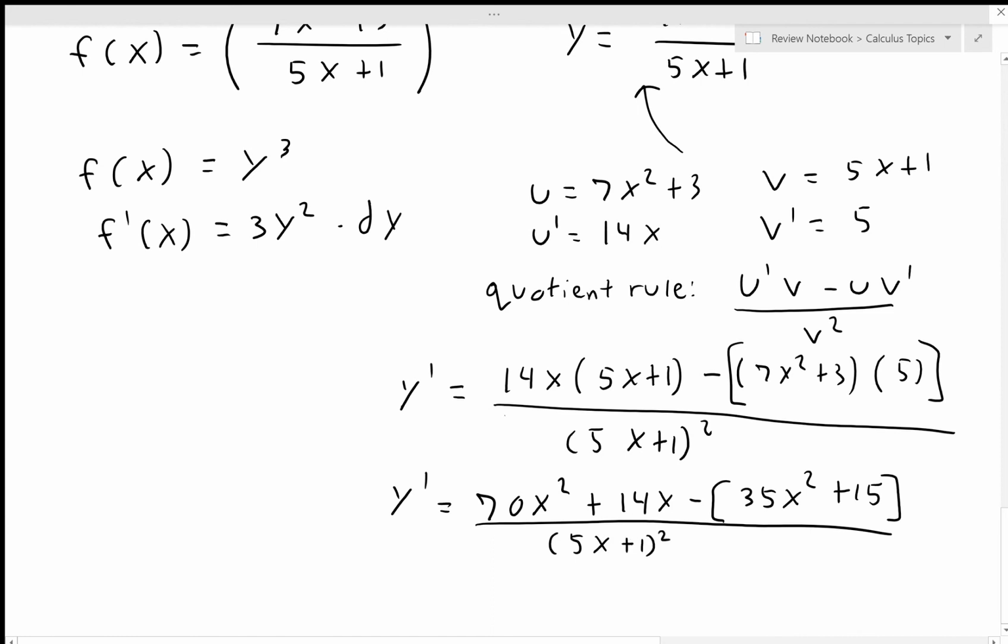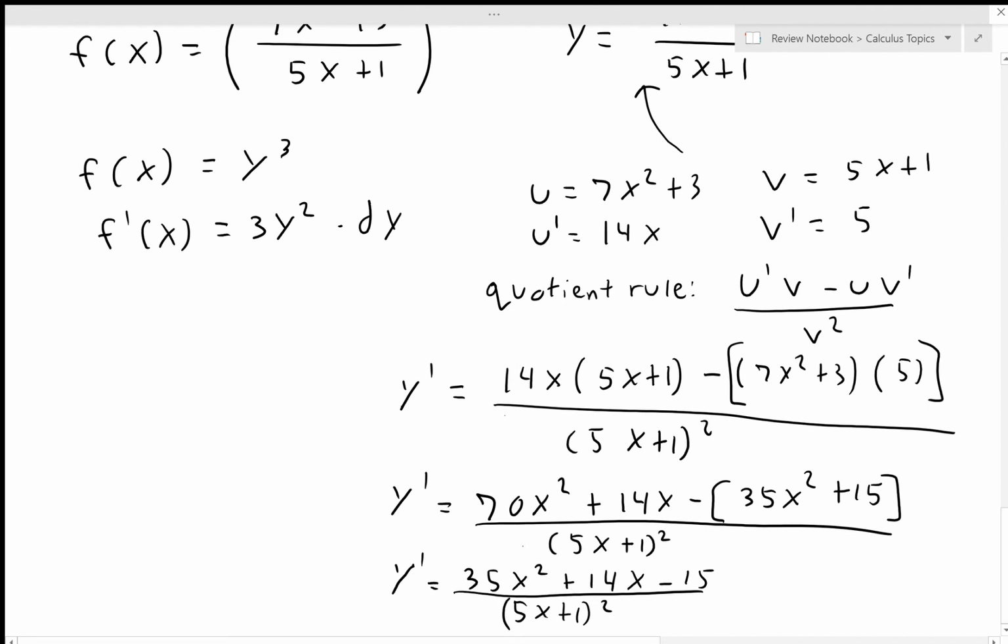Simplify it one more time. Y prime equals 70x squared minus 35x squared is 35x squared plus 14x minus 15 over the same denominator, 5x plus 1 in parentheses squared.